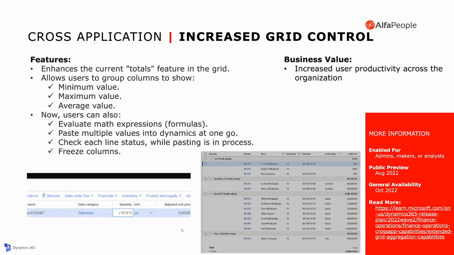That is the increased grid control, now featuring multiple Excel functions that allow you, for example, to evaluate math expressions. Basically, it will accept basic formulas and display its results. You can copy multiple lines and paste them in one go, all at once.